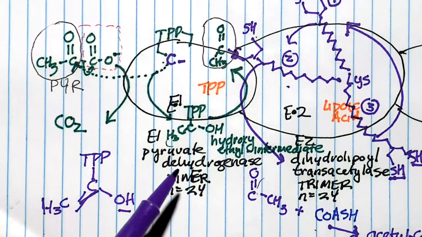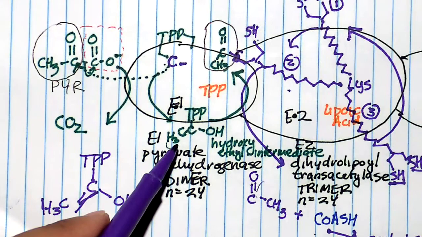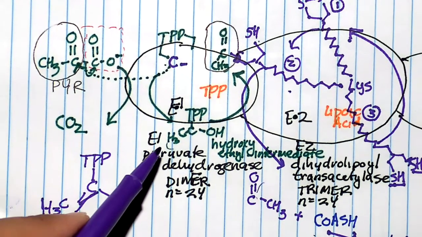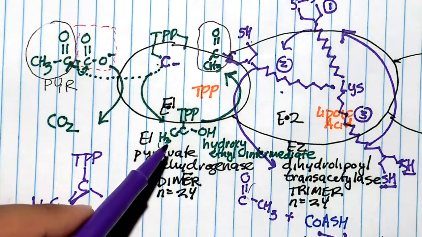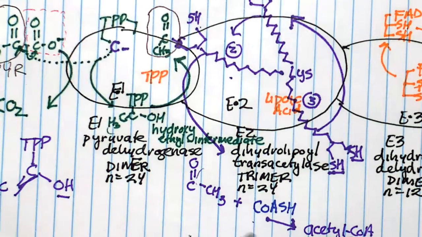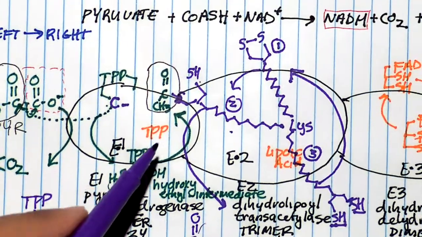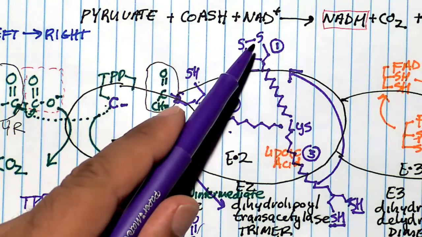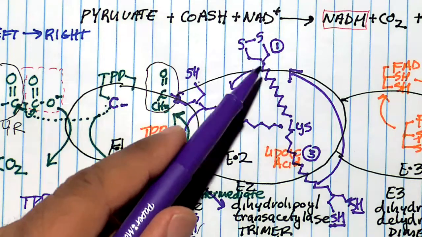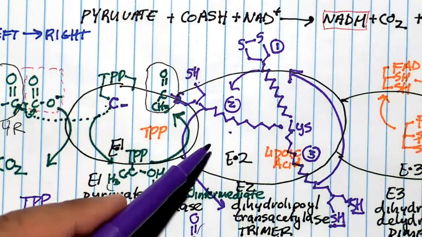All right, so as far as the hydroxyethyl TPP intermediate is concerned, that transient transfer of the acetyl group to CoASH, or excuse me, occurs through the reduction of one of the disulfides on this end of the lipoic acid chain.